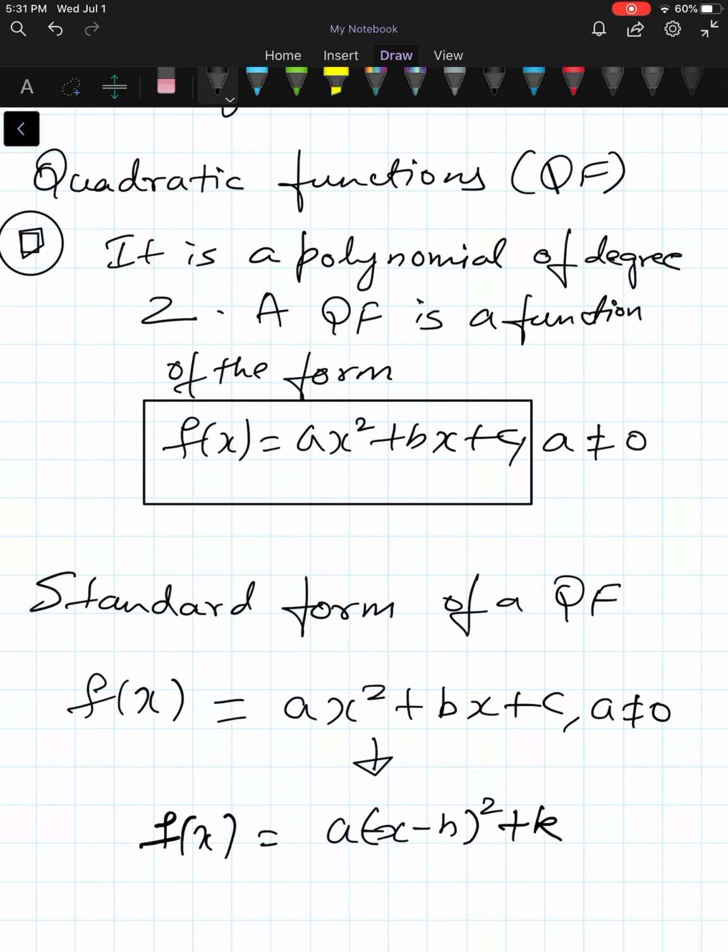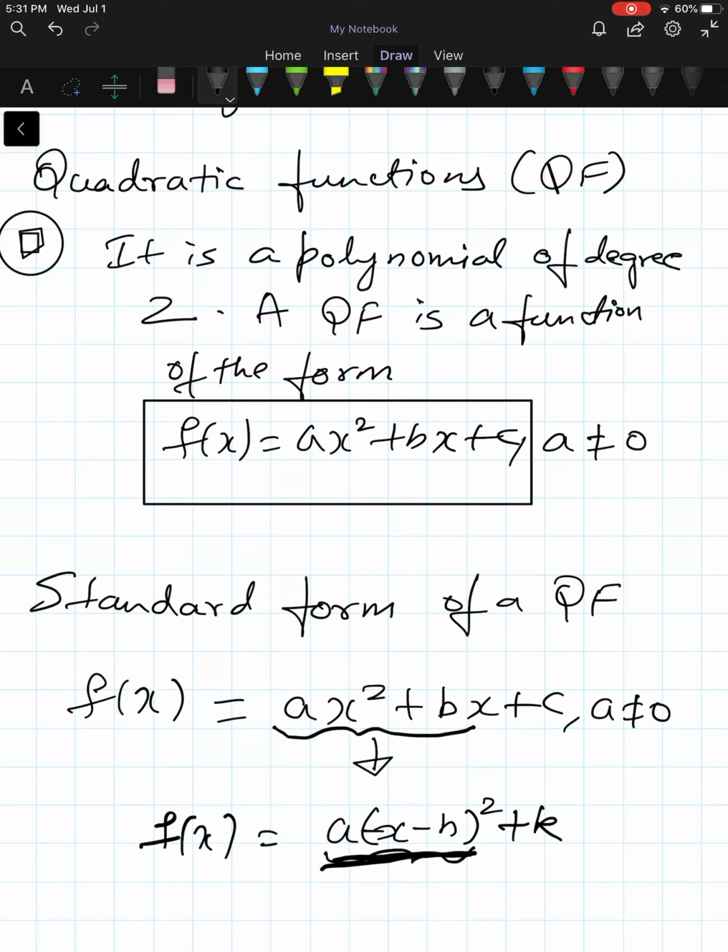You can establish a square of these two terms and complete the square by adding or subtracting suitable constants. So you will be getting this particular x minus h the whole square.